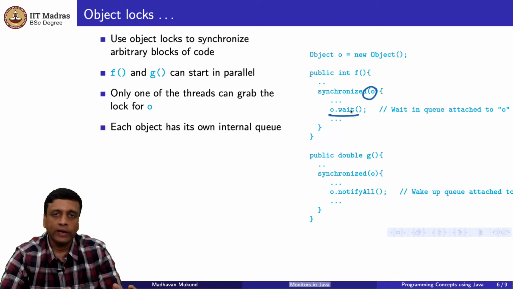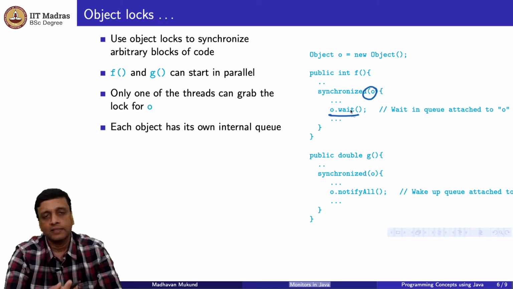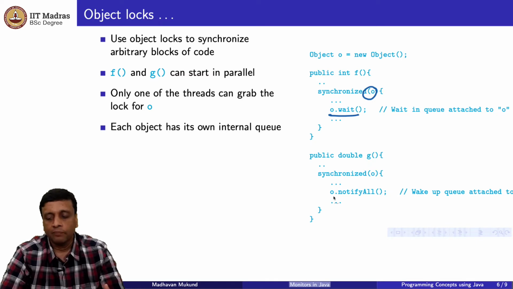Just like you can do a wait inside a normal synchronized method and be notified within that implicitly, here I can explicitly say I'm waiting on O, and some other thread can then notify everybody who's waiting on O. So each object has both an external queue which I can trigger using this synchronized function and an internal queue which I can call in the context of that object. So instead of just saying wait, I say O dot wait, because I'm waiting for something in the context of O.